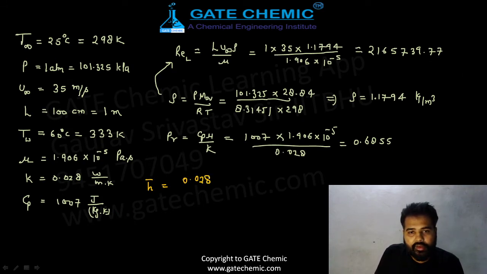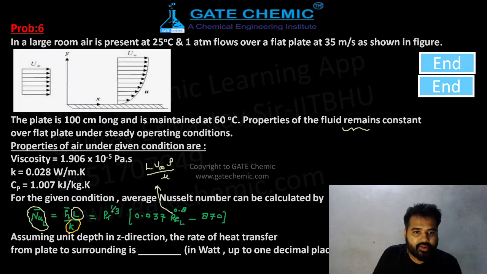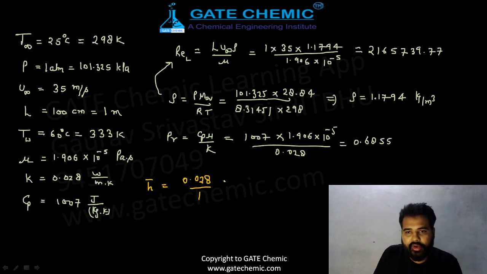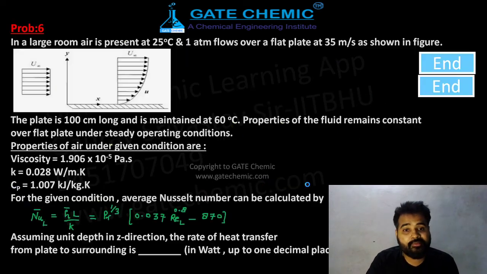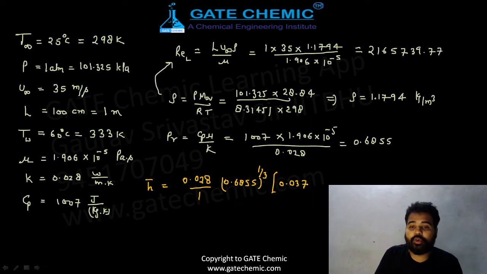K by L. Prandtl number to the power 1 by 3. So Prandtl number 0.6855 to the power 1 by 3. Next, inside the bracket, 0.037 Reynolds number to the power 0.8.